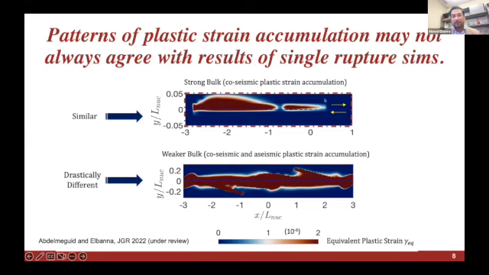So in the upper figure here, we saw that after many events, the cumulative effect is showing that plasticity is accumulating predominantly on the dilatational quadrant. But interestingly, if we start reducing the strength of the bulk, we start seeing more drastic changes.